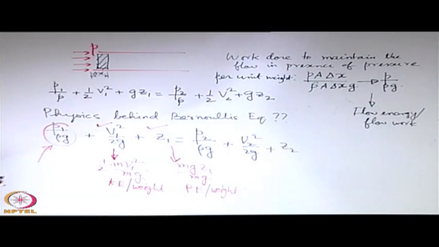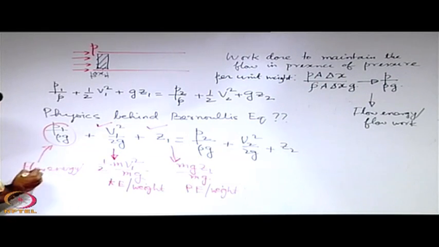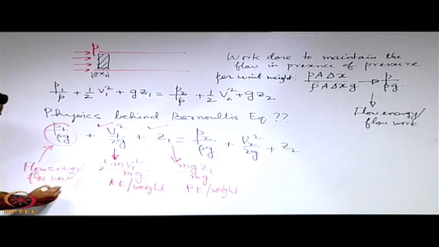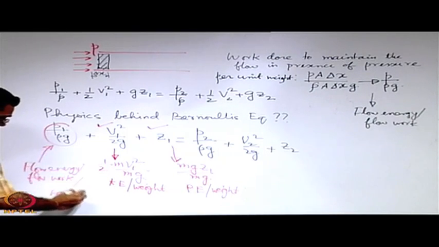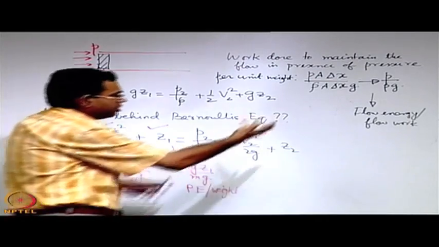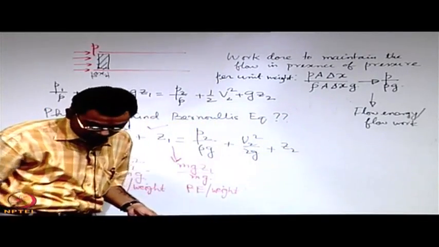So, this is flow energy or flow work, and it is also expressed per unit weight, which one has to remember. You can also call it pressure energy, there is nothing wrong in it, but one has to understand.